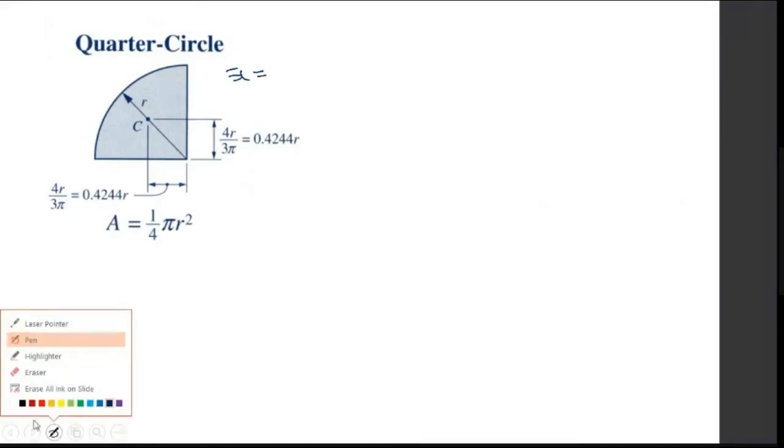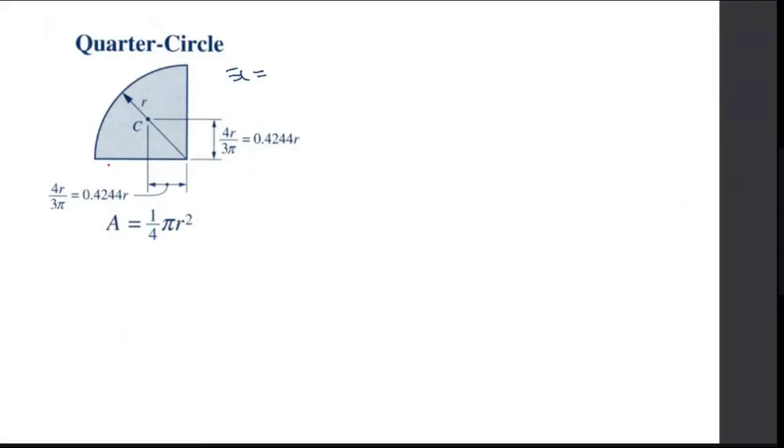My x bar is different. What is my x bar actually? If I look here, my x bar is this distance, if this is my axis, which is x and y. This distance I have mentioned as 4r by 3 pi.